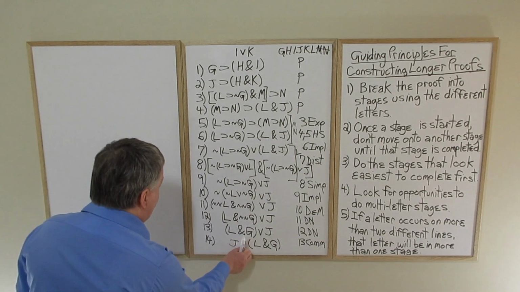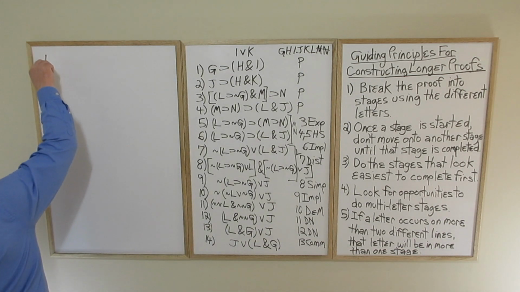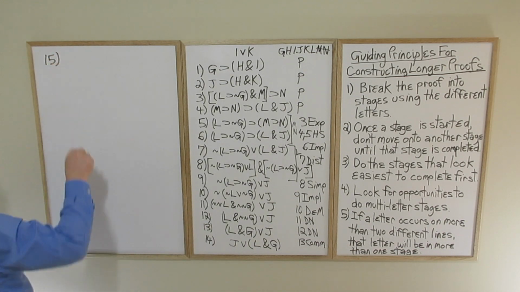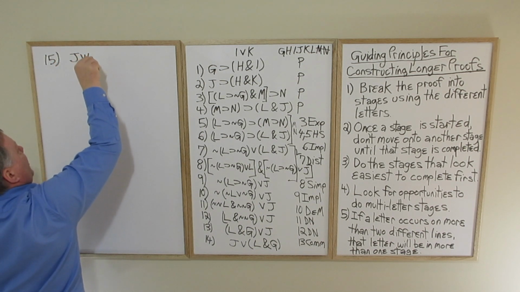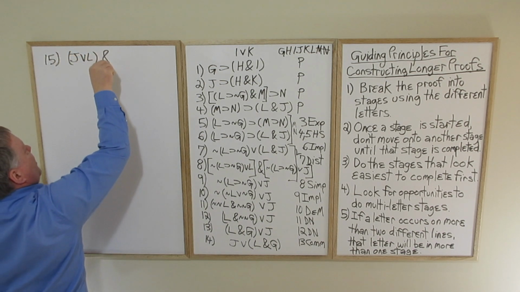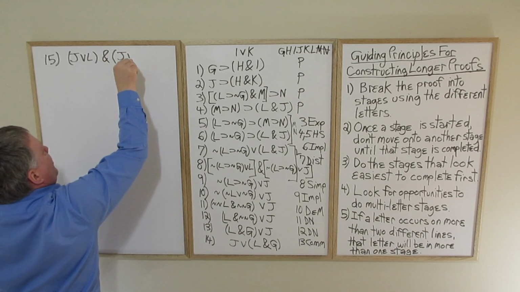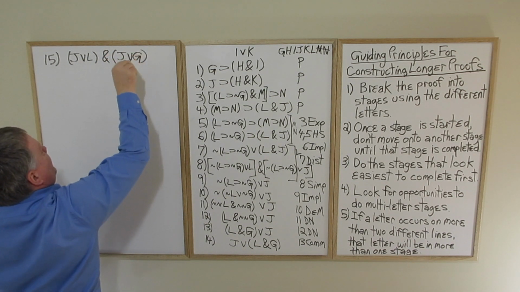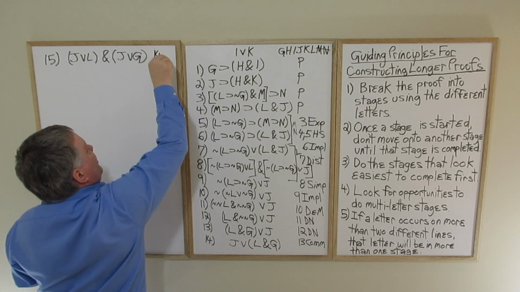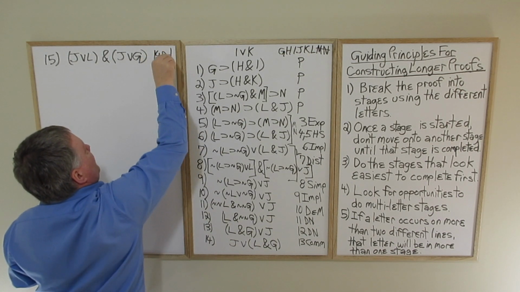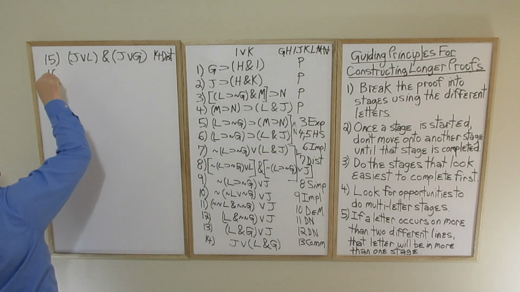Since we're starting off with a disjunction, we will end up with J or L and J or G. So that's 14, distribution.